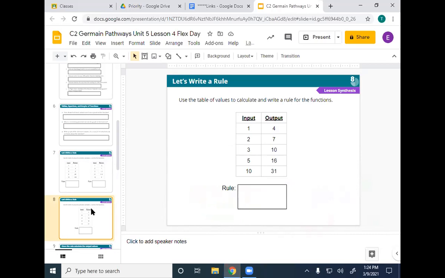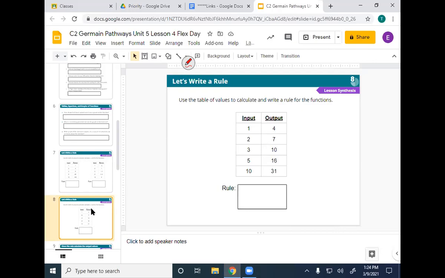Well, let me ask a clarifying question. When we look at our inputs and compare them to our outputs, are they bigger or smaller? Bigger. They're getting bigger. Yes, good observation. So we're saying they're getting bigger, so we might have to do what? Multiply or add.